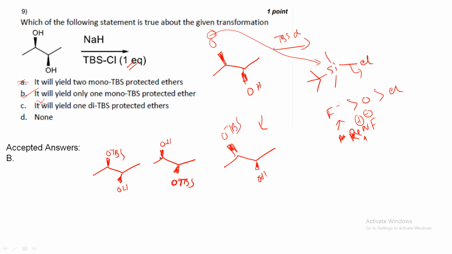If we do the nomenclature, 1 2 3, it would be R. Again here 1 2 3, it would be R. So R, R. So yeah, here no issue actually. So that's why it would be the same compound. So B would be the right answer.